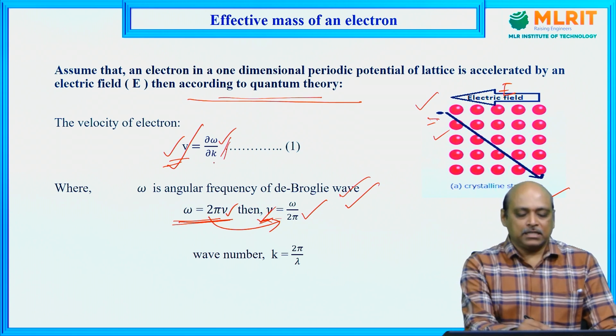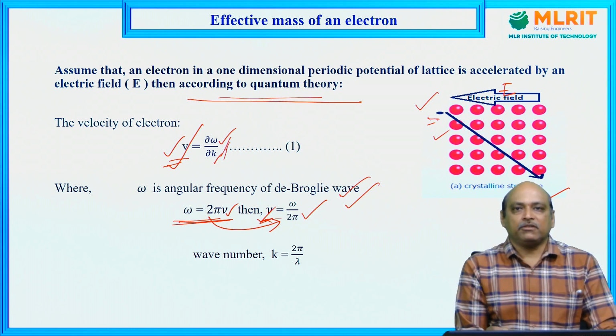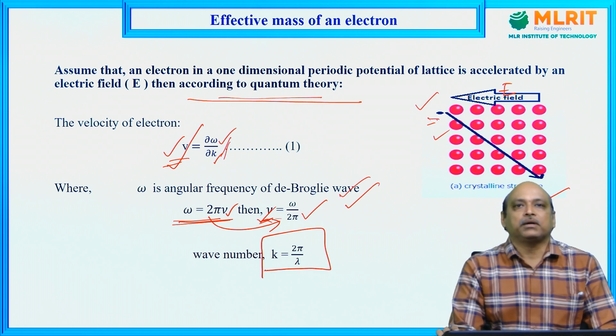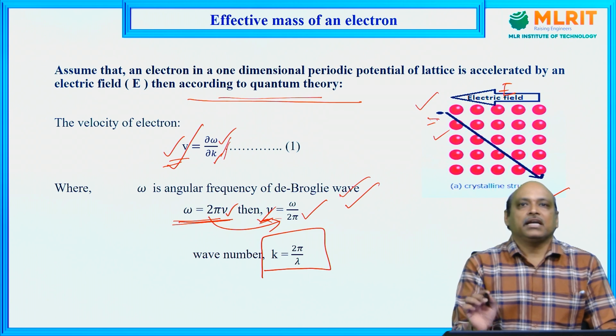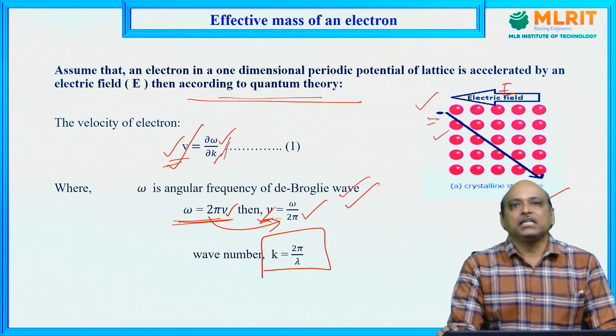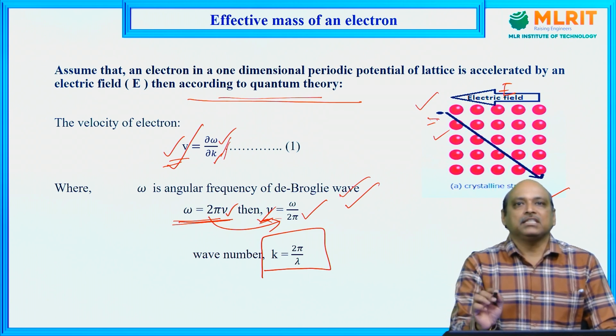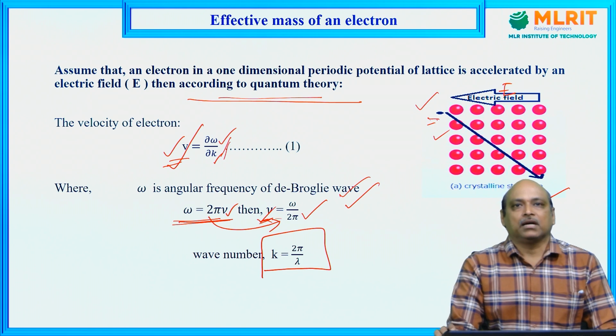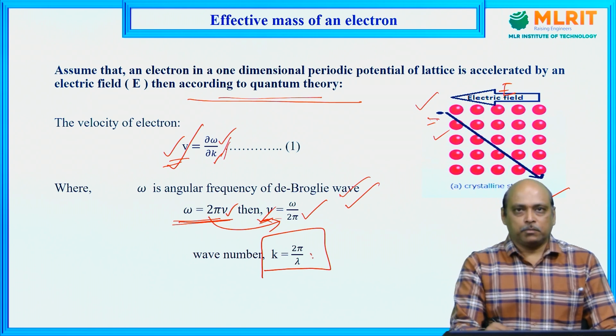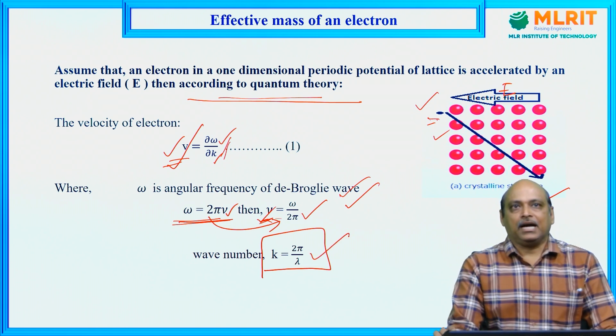The next parameter is k, which is the wave number. We also know that wave number k can be written as 2 pi by lambda. In the de Broglie equation, and even in a particle in a potential box, we have seen that the k value can be written as 2 pi by lambda. So we write k as 2 pi by lambda. Okay, so two parameters are over.